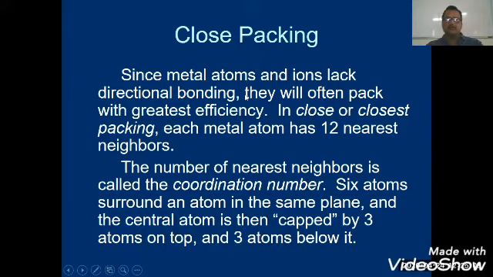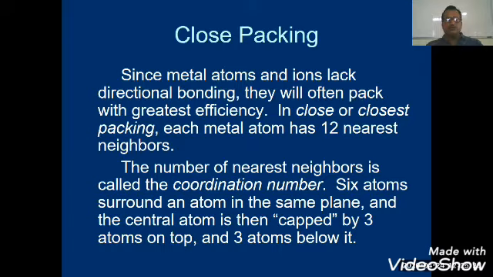In any close packing arrangement, you will find that each atom is surrounded by 12 other atoms. Of these 12 atoms, 6 atoms will be in the same plane, 3 atoms will be above it, and 3 atoms will be below it.